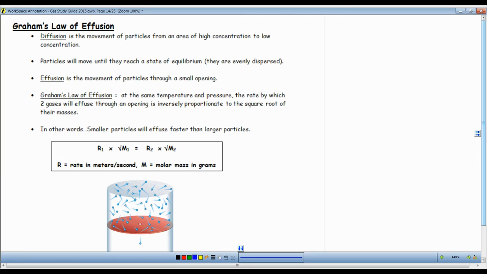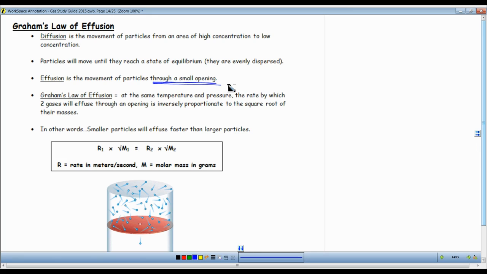Effusion adds just one little qualifier. The particles are still moving from an area of high concentration to low concentration, but they are moving through a small opening. So now specifically, I'm not talking about like, I have a balloon full of smelly gas, and I pop the balloon, and the gas particles immediately disperse throughout the room from high concentration to low concentration.